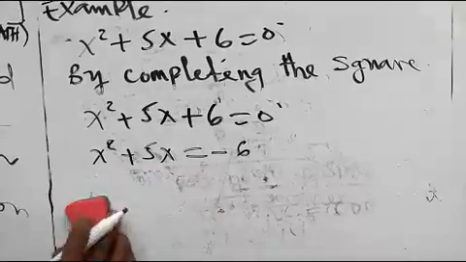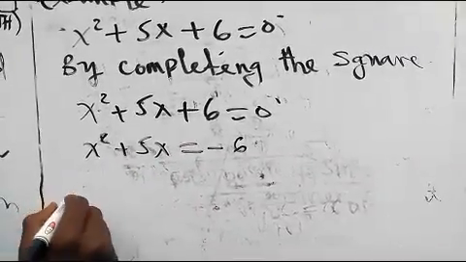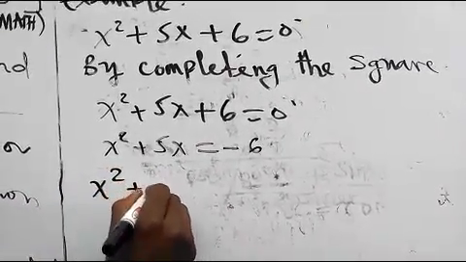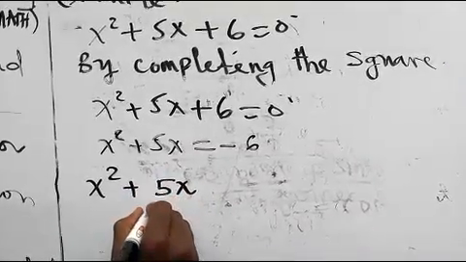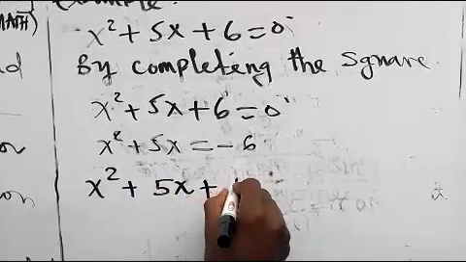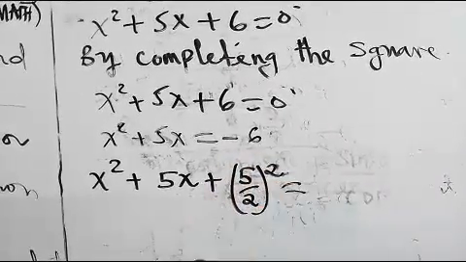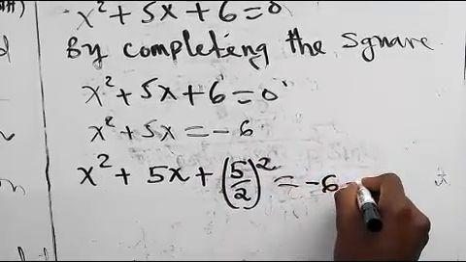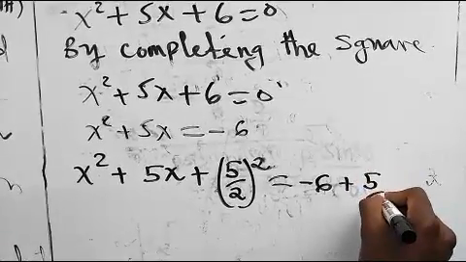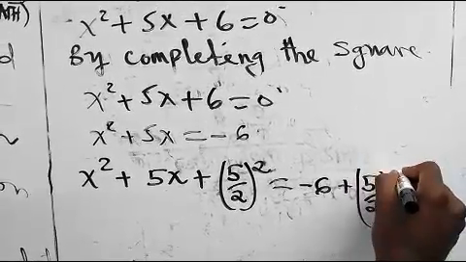So we are simply going to have x squared plus 5x plus (5 on 2) all squared equals minus 6 plus (5 on 2) all squared.